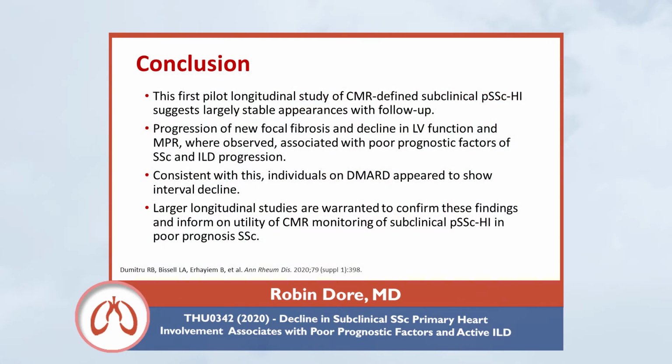The good news was that the cardiac MRI changes were very slow over that 33-month period of time, and those patients who did show progression really had poor prognostic factors. And these patients, again, who were on DMARDs actually had a more significant decline.